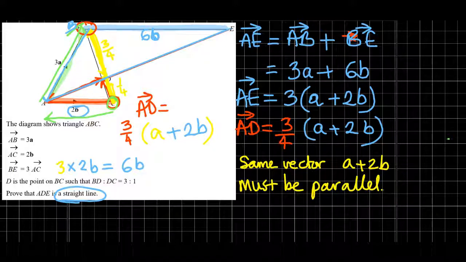Vector AD is actually a quarter of vector AE.